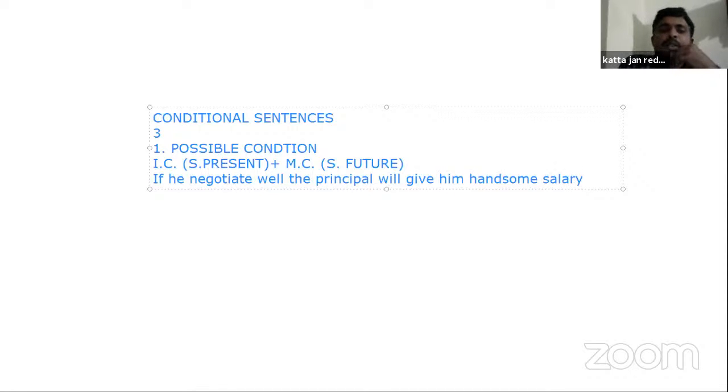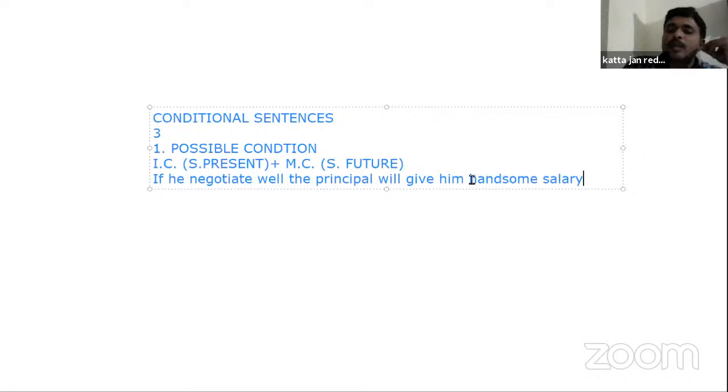So this is the sentence that we have based on the structure in possible or probable condition, right? So if he negotiate well, the principal will give him handsome salary.